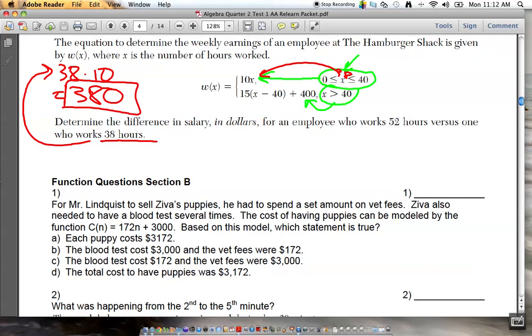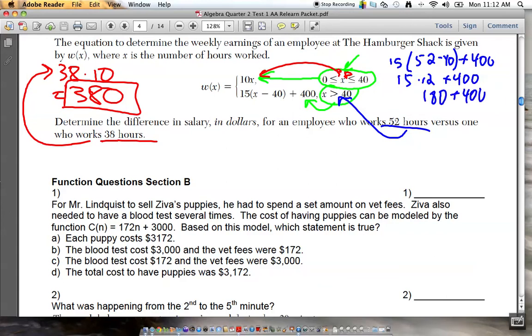Now let's consider how much money someone who works 52 hours would make. 52 is greater than 40, so I use this bottom equation. And I'm going to get 15 times (52 minus 40) plus 400. 52 minus 40 is 12. So I get 15 times 12 plus 400, which is 180 plus 400, which is 580.